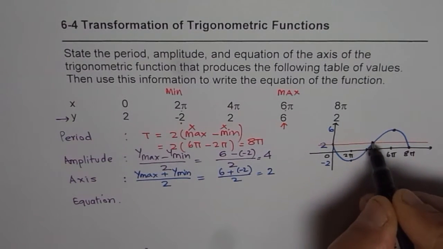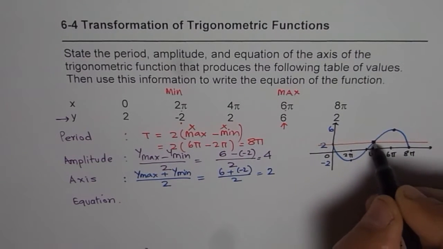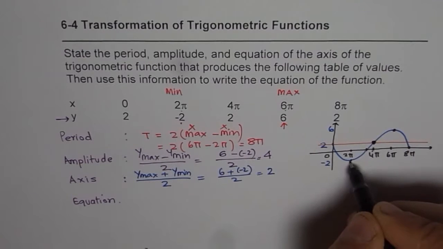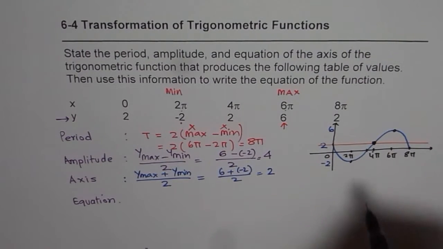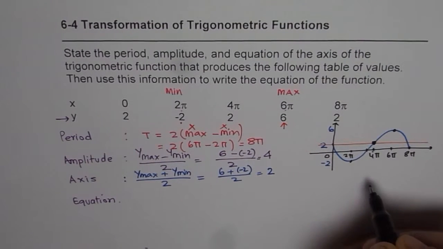So the 2 is given at 4 pi, and the minimum minus 2 is at 2 pi. That is how the values are given to us.